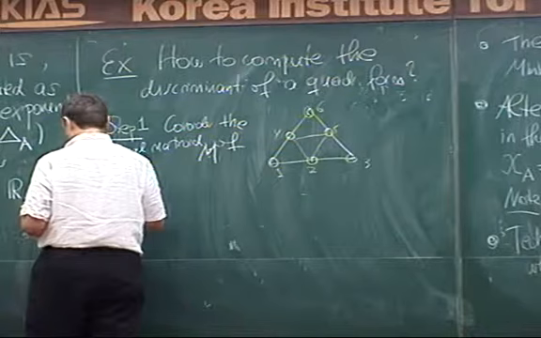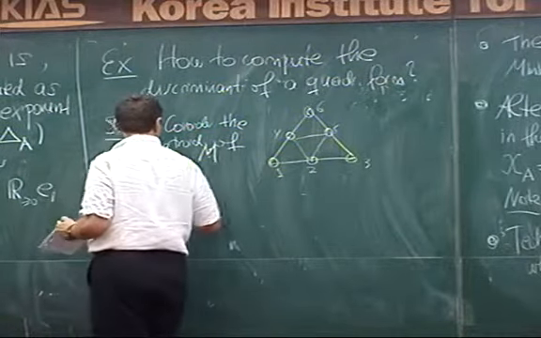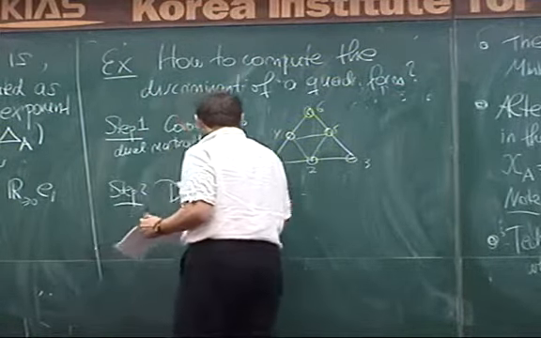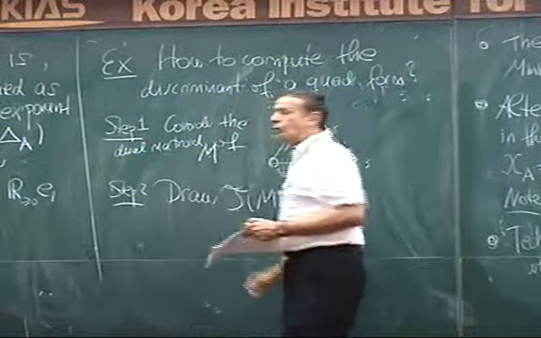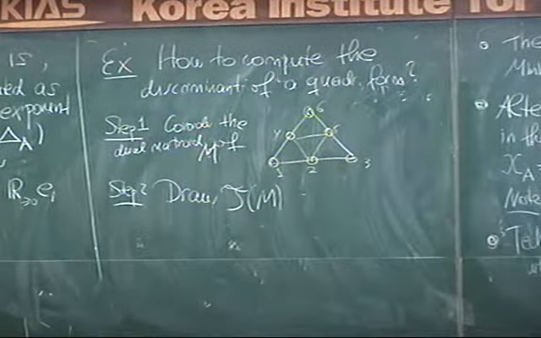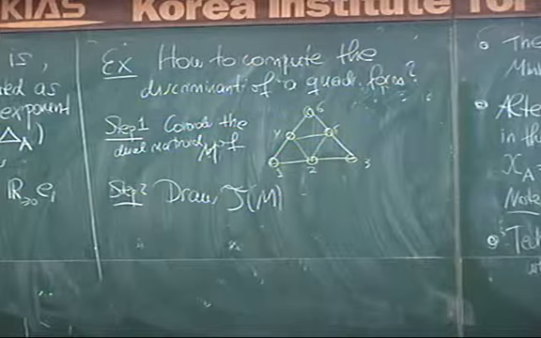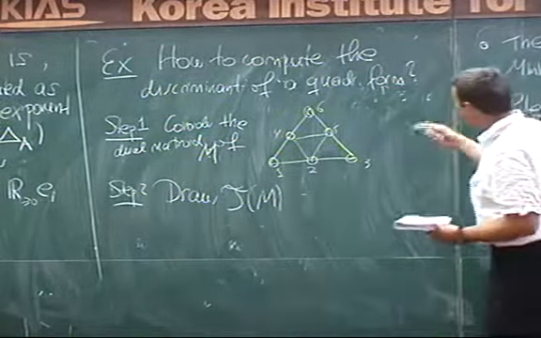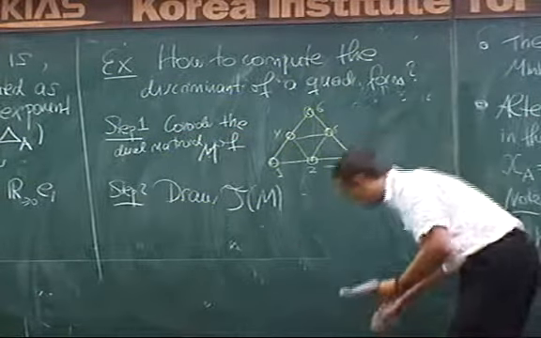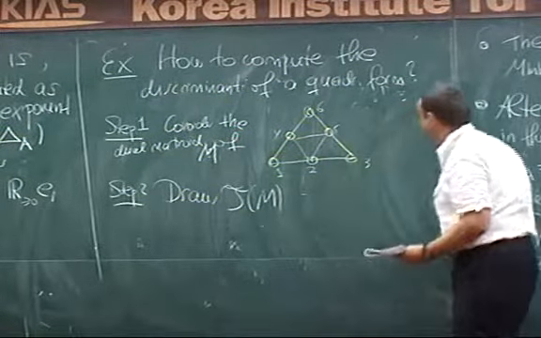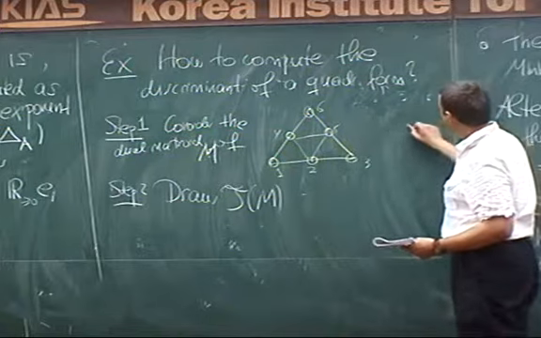Step 2, draw the tropicalization of this matroid. That we learned in lecture 4, right? That's the tropicalization of this matroid. And this matroid is actually self-dual, so it's kind of a self-dual picture.